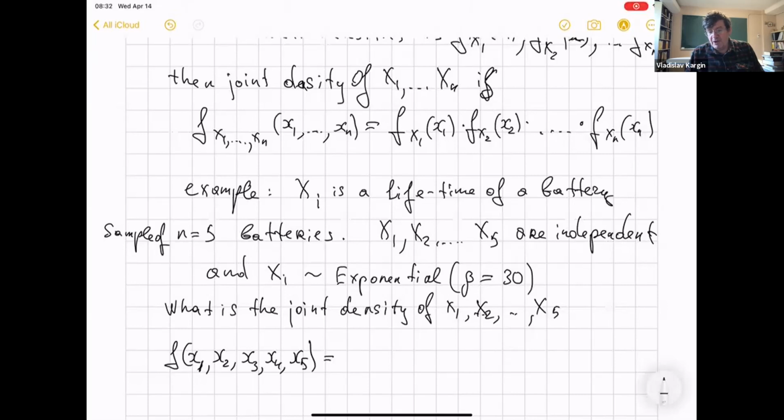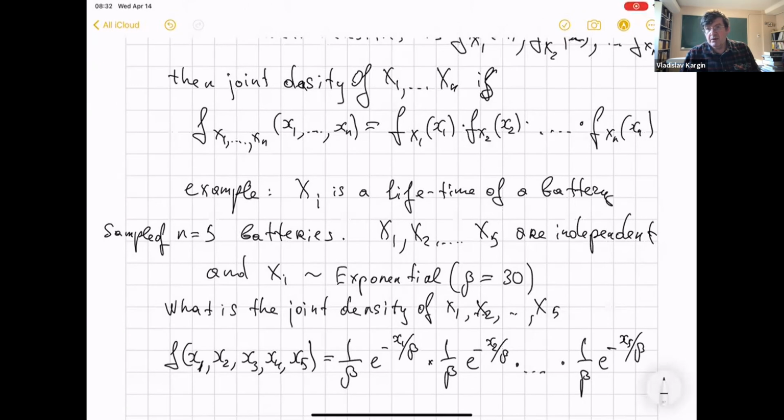So it's equal to 1 divided by beta, in general. So here 1 divided by beta e to the minus x1 divided by beta, multiplied by 1 divided by beta e to the minus x2 divided by beta, and so on until 1 divided by beta e to the minus x5 divided by beta.